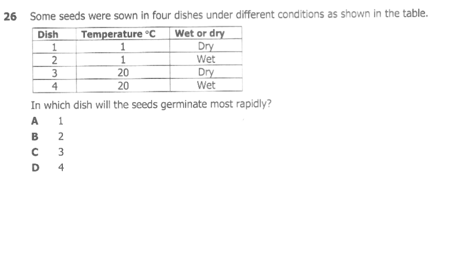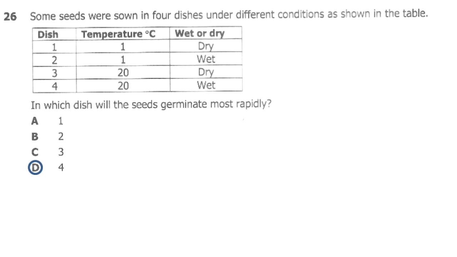Here our temperature is suitable for enzyme reaction at 20 degrees, and we can see it is wet, so there is moisture and water, which is essential. So our answer for 26 would be D, dish 4.